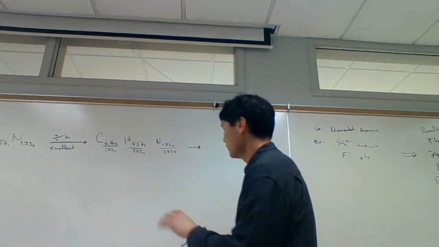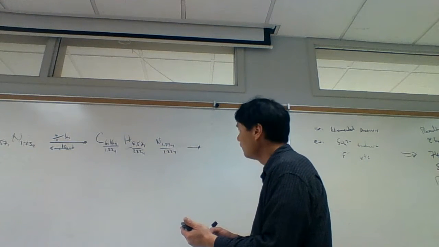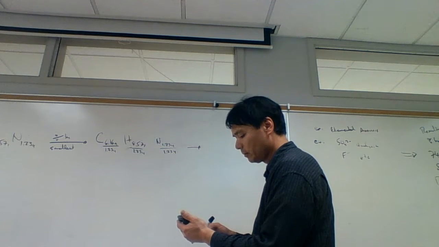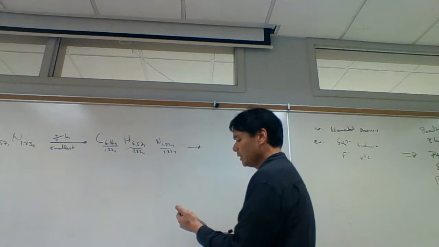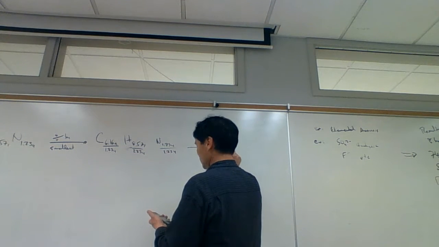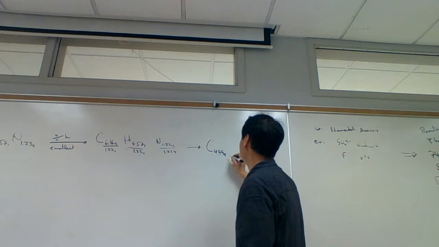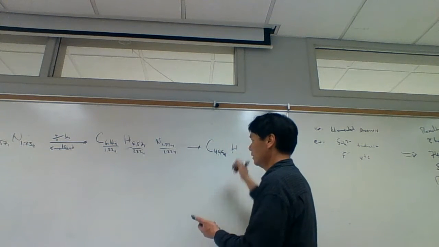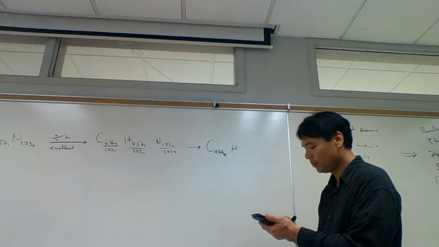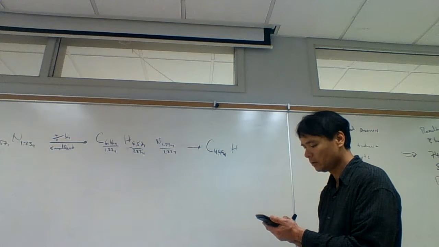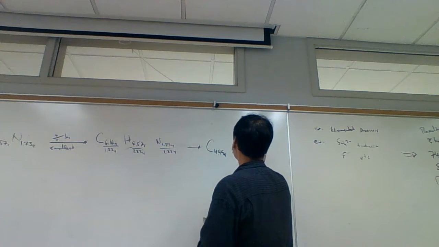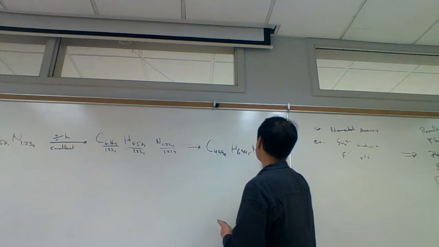And so let's do the first one. 6.169 divided by 1.234 equals 4.999. And so I get C 4.999. H, okay, it's going to be 8.571 divided by 1.234, 6.945. And then N will be 1.000.